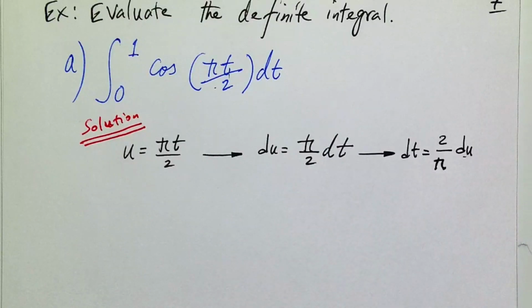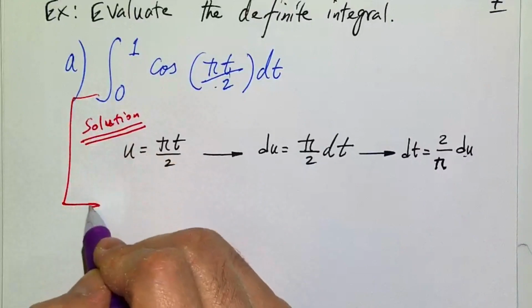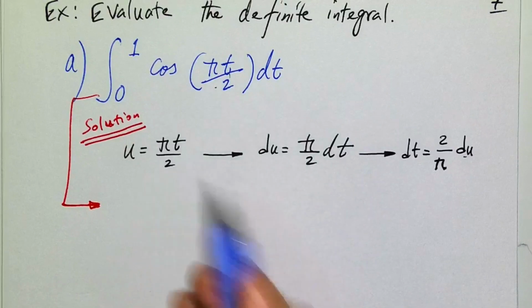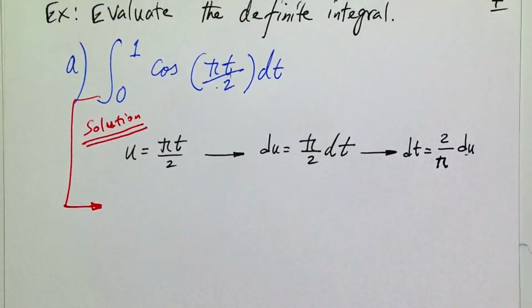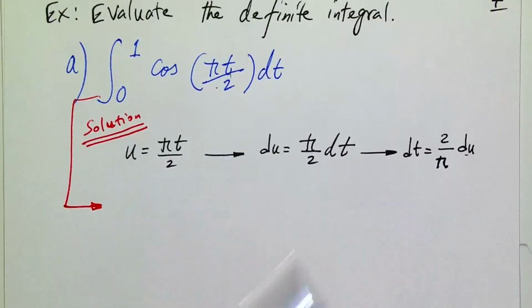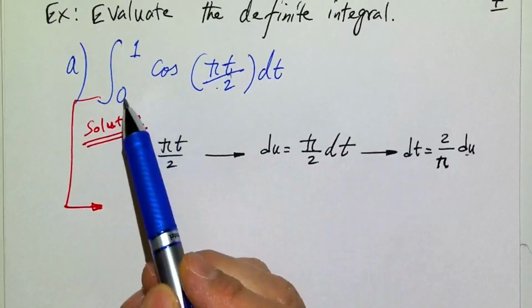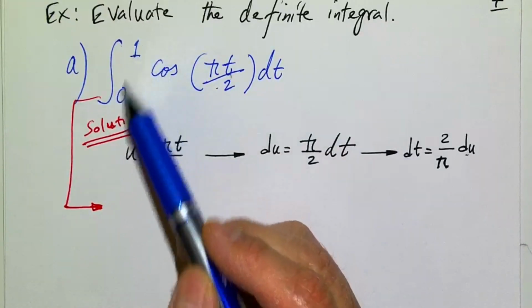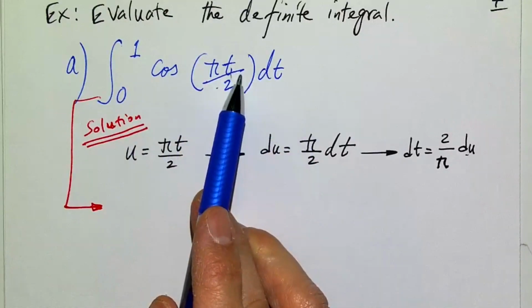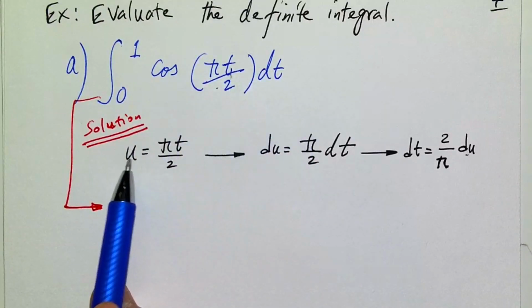Okay, so now before I make the substitution, let me also, and I'll write it in blue because this is very, very important. Notice we're switching from t to u, right? So we need to change, because the lower and the upper limits of this integral have to do with the variable t. What about variable u?